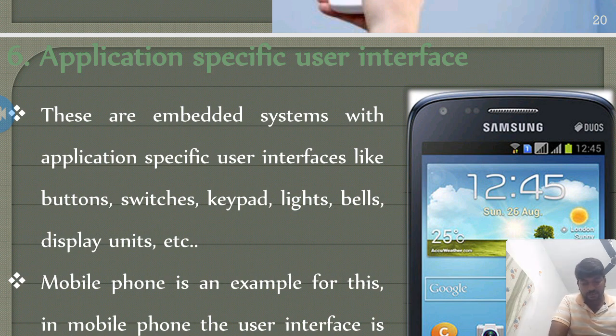For this purpose, you use buttons, switches, keyboards, etc. to access the particular device. A suitable example of an application specific user interface is a mobile. Your mobile is one application specific user interface. This is the best example.